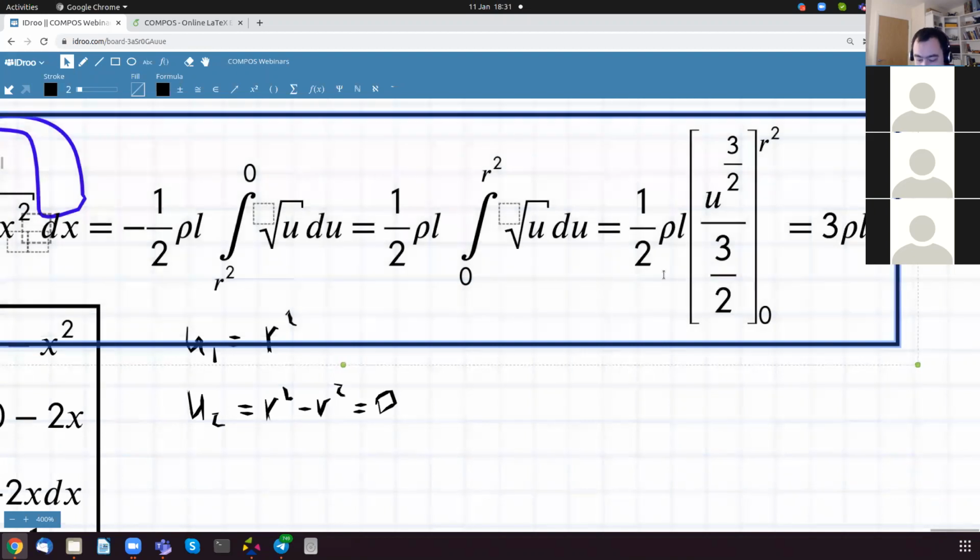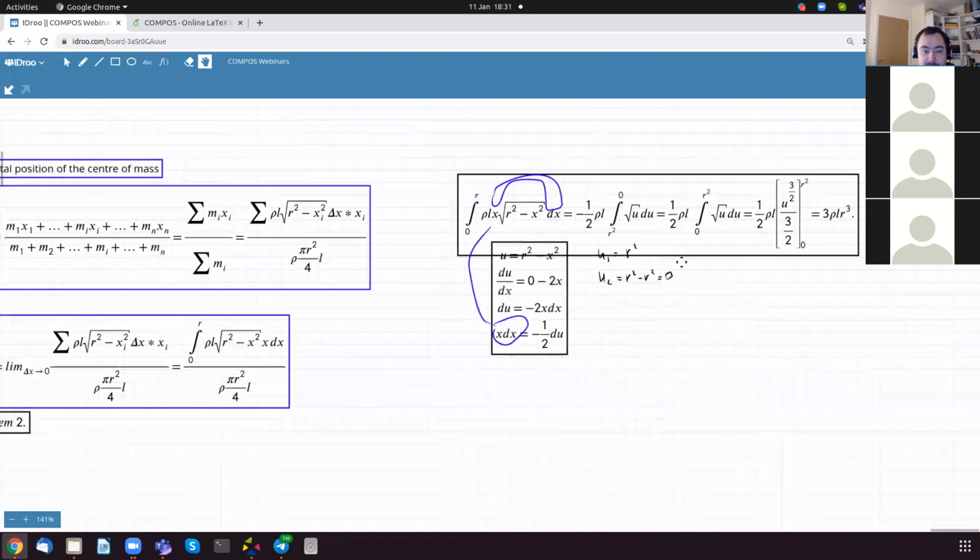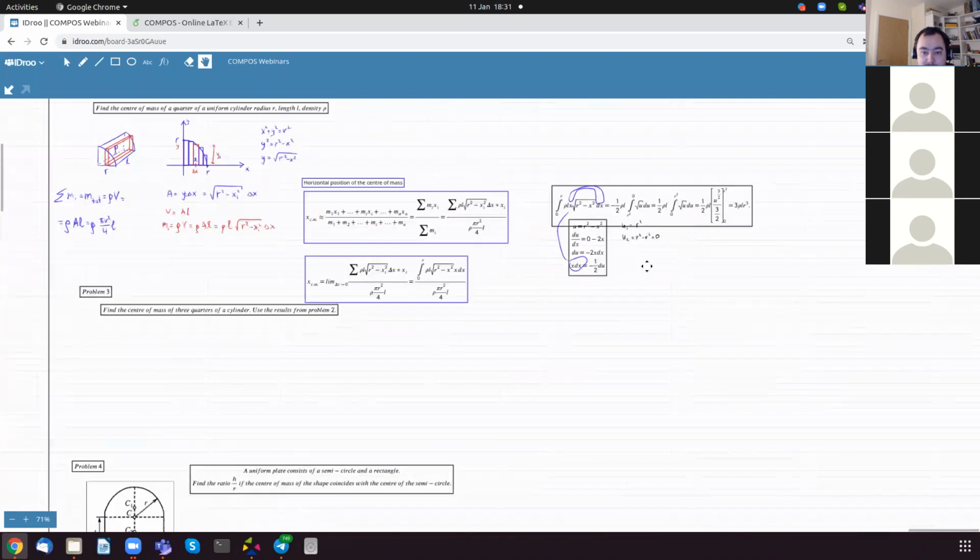That's r cubed. Voila, that's a full stop. So that's the integral. The scary integral which we had initially just simply becomes this.